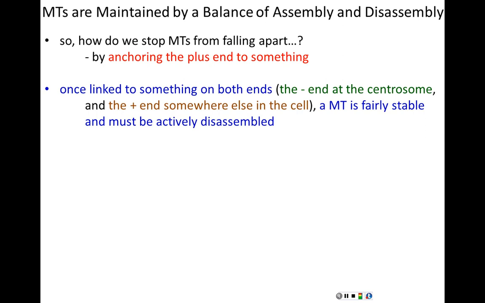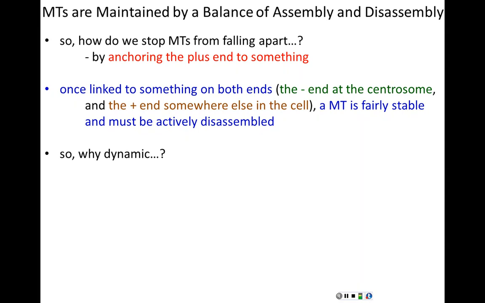Once the plus end of a microtubule is anchored to something, is linked to something, now the minus end is going to be embedded into the centrosome. That'll never change. It's the plus end that needs to find a stable place to anchor. But once the microtubule is anchored in two places, that microtubule is stable. And it will continue to be there until it is actively disassembled.